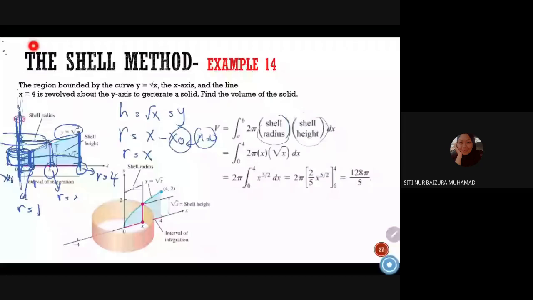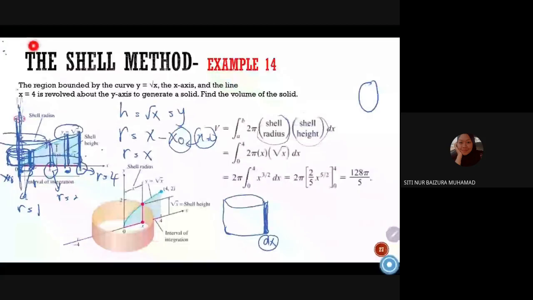And the thickness of your cylinder, you nampak your r ni is changing with respect to x. Bila kita dapat cylinder ni dalam bentuk vertical cylinder, so tahulah kita ketebalan dia adalah changing with respect to x.